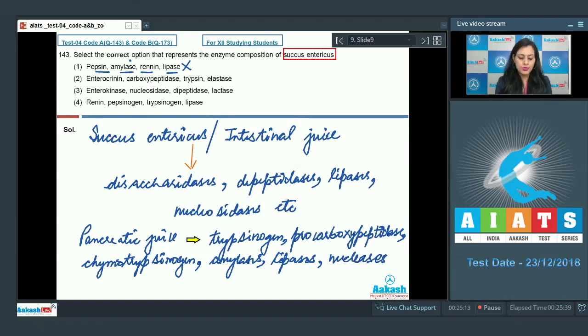So the very first option, that is pepsin, is a gastric enzyme. This amylase is a pancreatic enzyme. Renin is a gastric enzyme. Lipase could be present in succus entericus, but because of other enzymes, this is an incorrect option.